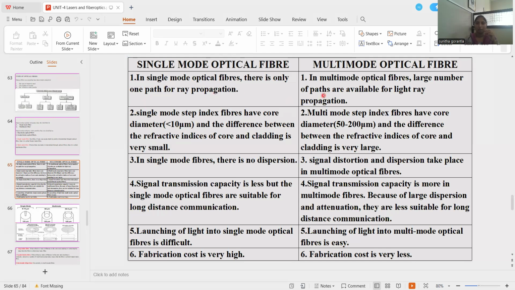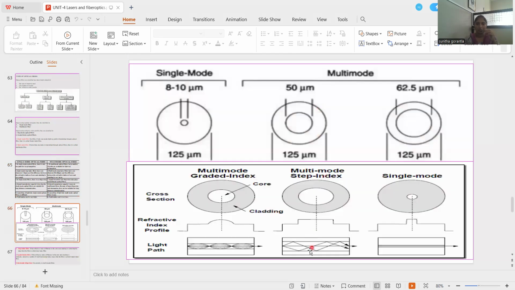In multimode optical fibers, a large number of paths are available for light ray propagation. A large number of light rays are propagated. See in the diagram. This is the single mode propagation. This is the multimode propagation.